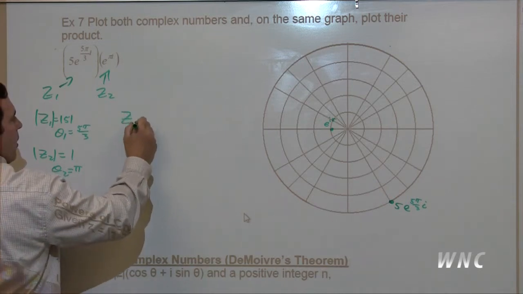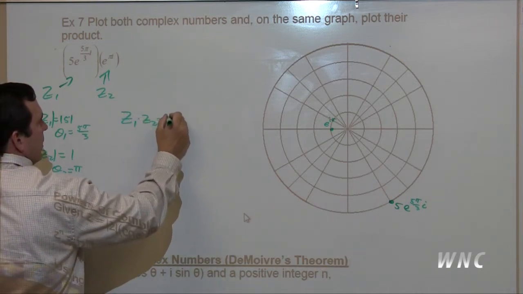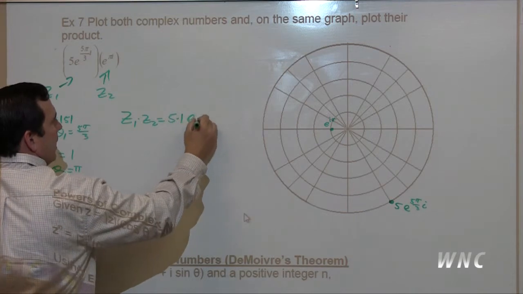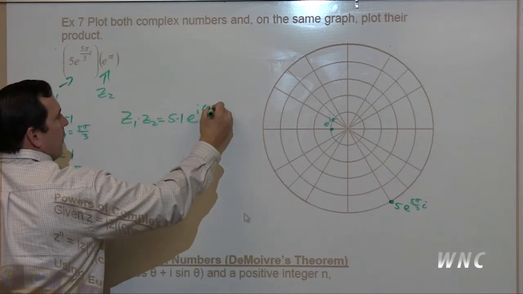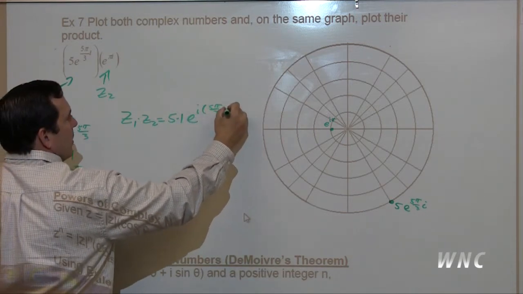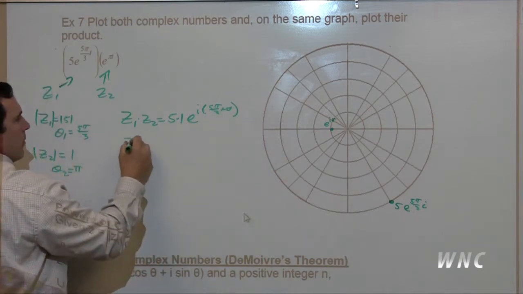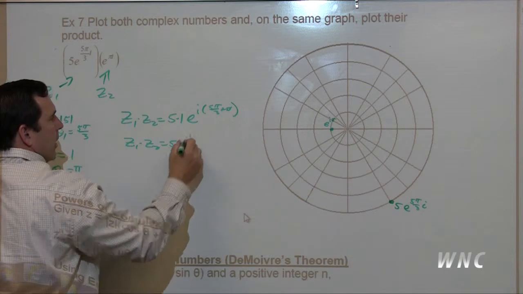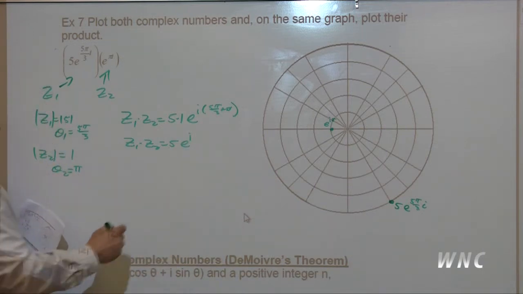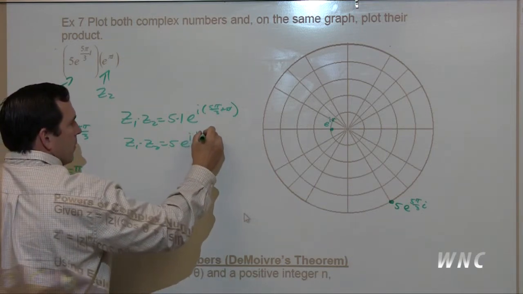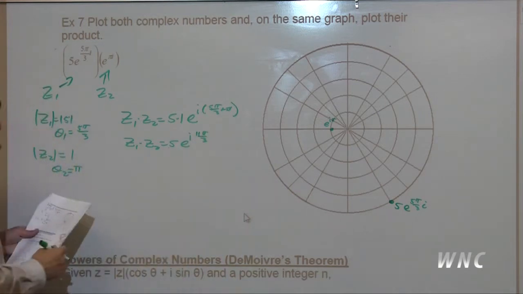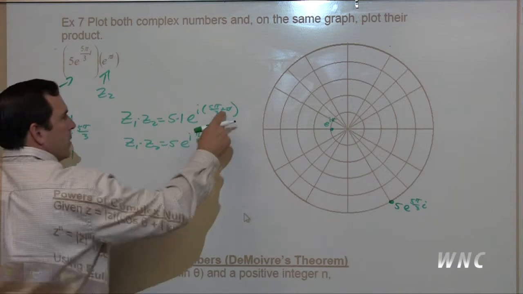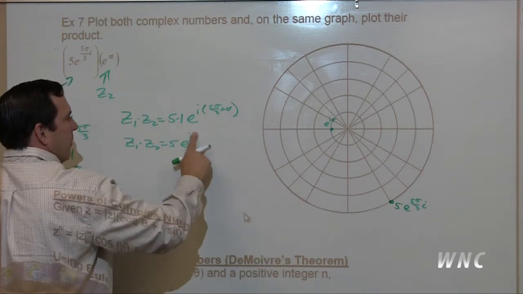So z1 times z2 is going to be 5 times 1 e to the i (5 pi over 3 plus pi). That turns out to be... no, that's not right. 3 pi over 3 plus 5 pi over 3 is 8 pi over 3.